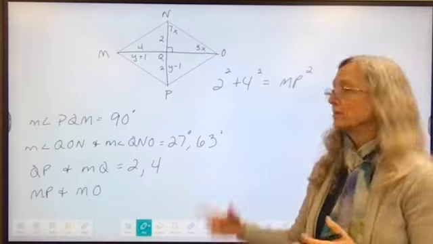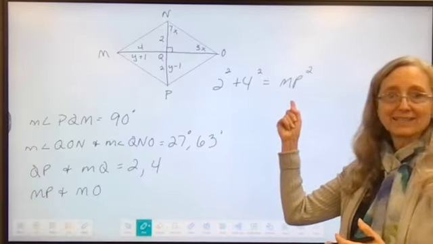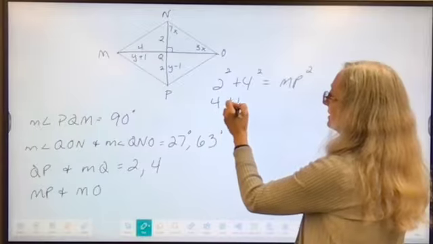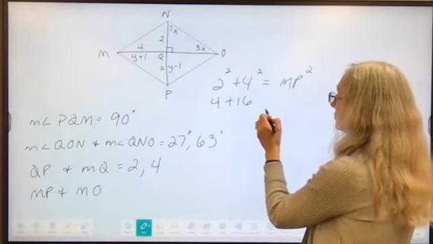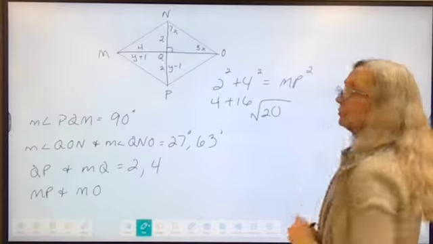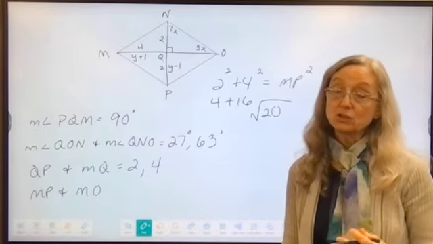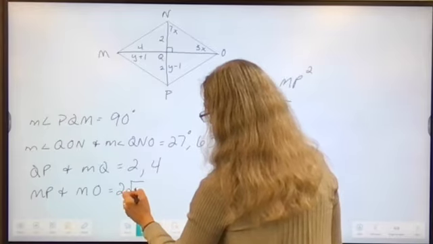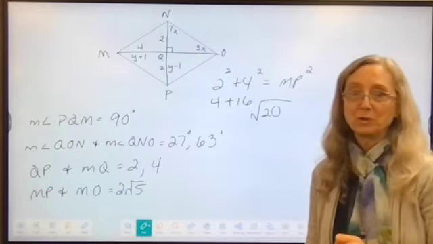So 2 squared plus 4 squared equals that diagonal, or that hypotenuse, squared. That's 4 plus 16, so that is 20, or the square root of 20. And since 20 is 4 times 5, we want to be really precise and call it 2 square root of 5.